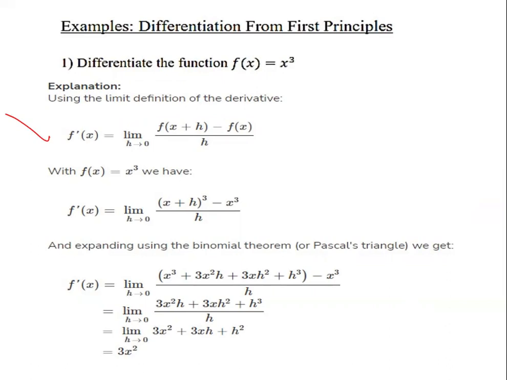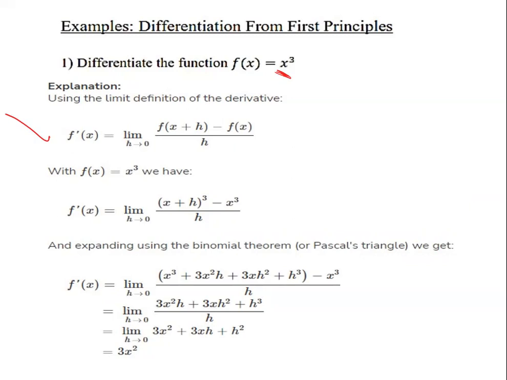So where we see, of course, the function is x cubed. Where we see f(x plus h), that means (x plus h) cubed, minus f(x), which is x cubed, all over h. When we expand that out, and you can always pause the video and work this out, we get that. Simplifying further, we get this.